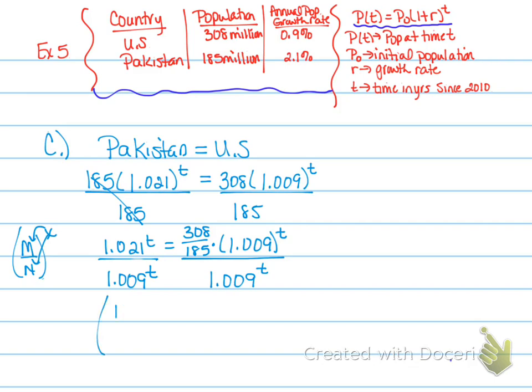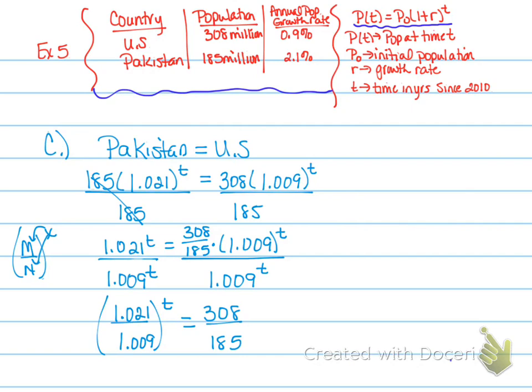So what we have here is the 1.021 over 1.009 raised to the t equals the 308 over 185. Well, now we've got the exponential expression by itself. That was step one on solving exponential expressions with exponents when we could not get like bases.